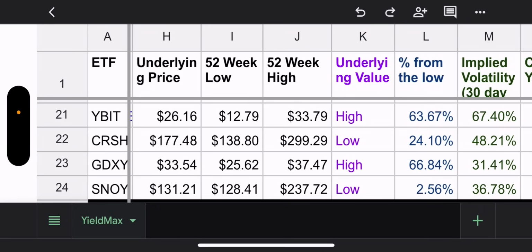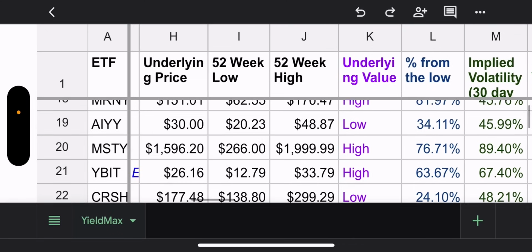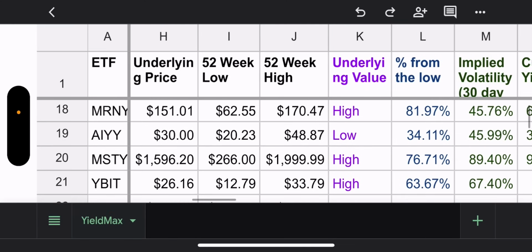GDXY is at the high, so I do kind of want to get into that one, but they're really close to the high. Crush, yeah, that one's hard. I mean, Tesla's always been at the low, but Crush is a short version, so you want it to stay high in reality when you look at Crush. Ybit at the high.